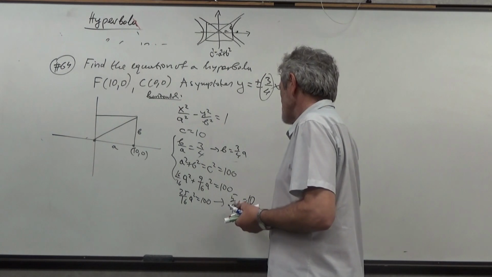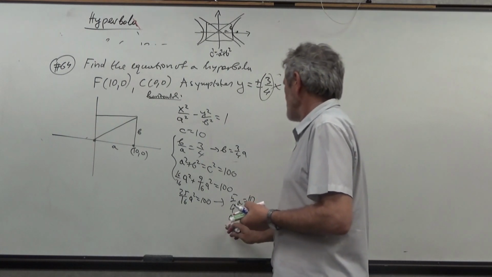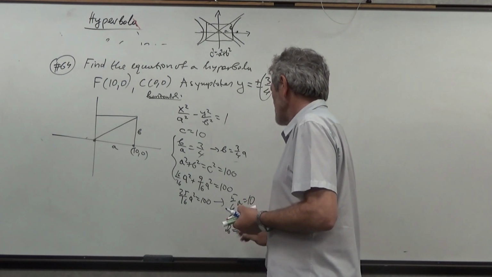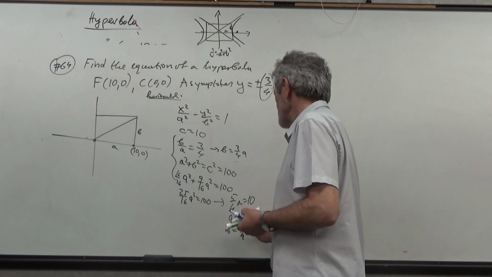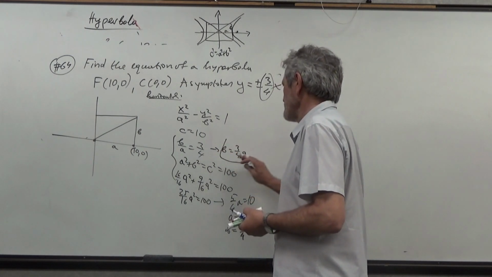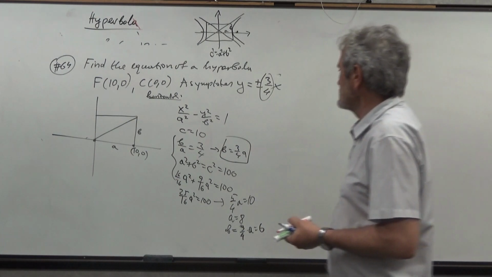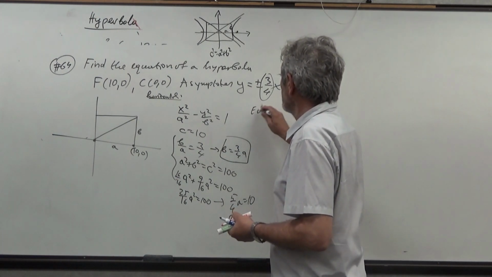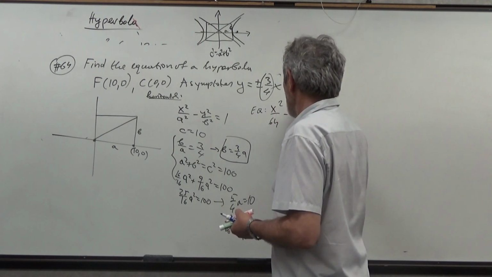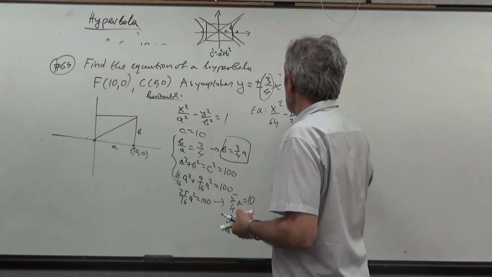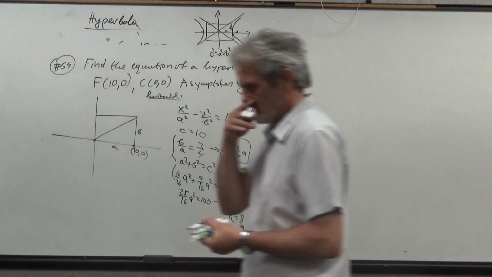So a is 40 over 5, which is 8. And then b is 3/4 times a, that's 6. And that's it. So the equation is x squared over 64 minus y squared over 36 equals 1. So it was even easier than the previous problem.